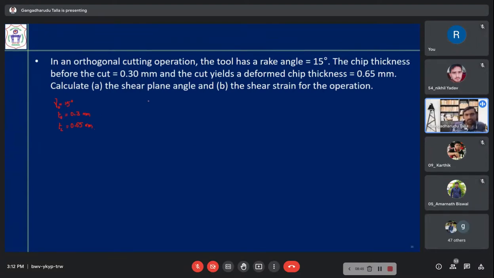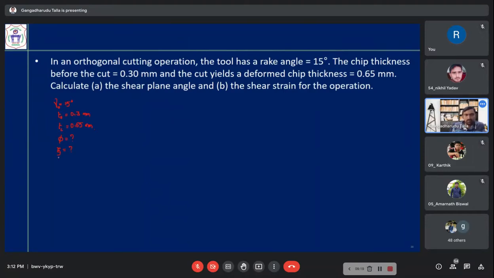Now calculate the shear plane angle. Shear plane angle means phi. Shear strain for the operation. What is the symbol we have used for the shear strain? We have used zeta. It varies from textbook to textbook.